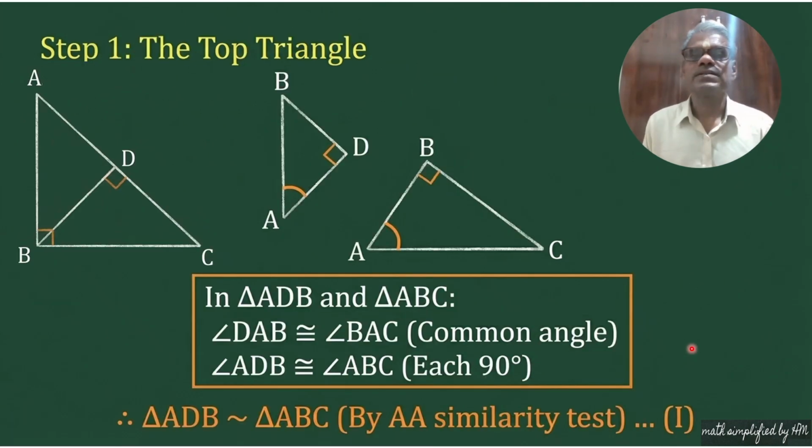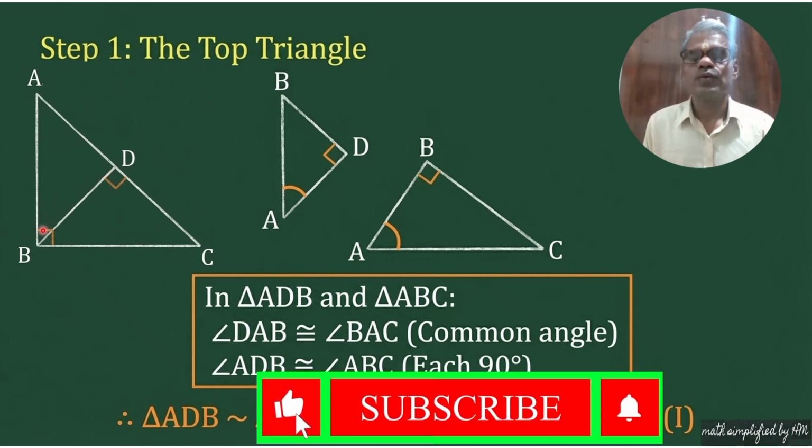Now let us look at the first step, comparing the smaller left angle triangle ADB to the original triangle ABC.